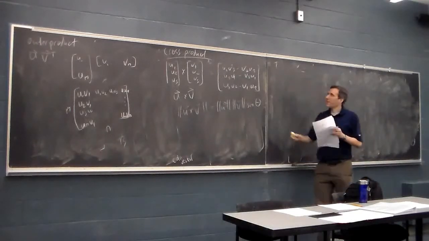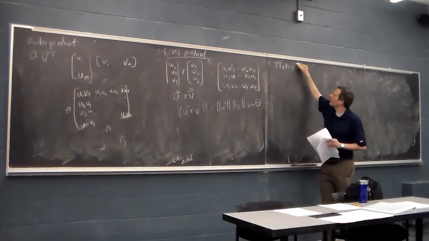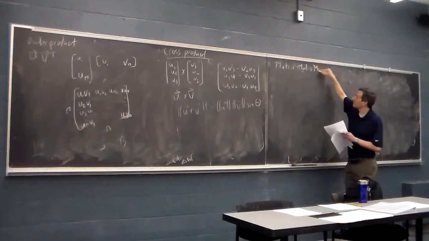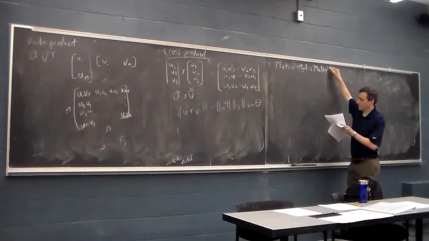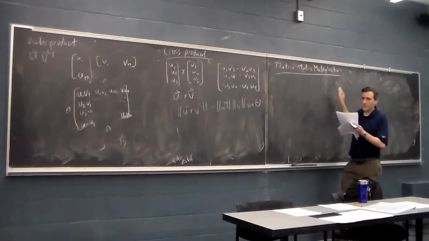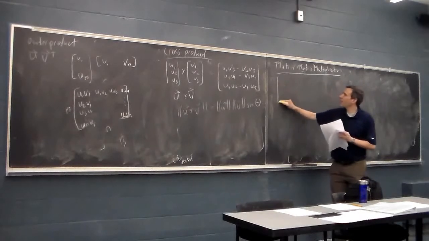Okay, so in the general matrix multiplication case, what we would have is the following. We would have 2 matrices.